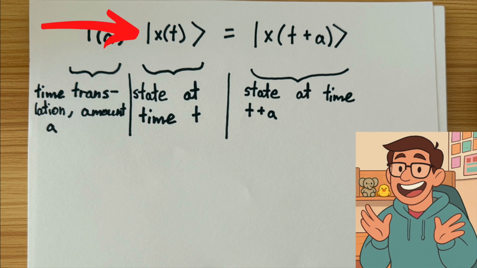So it says that suppose we have some physical system that's described by some function, x, at some time t. Now suppose we apply the time translation operator, capital T, and it changes the time by some amount a. Well, that results in a physical system that's described by some function x at a time t plus a. So this is basically the mathematical way of writing the 10-second rewind button on YouTube.